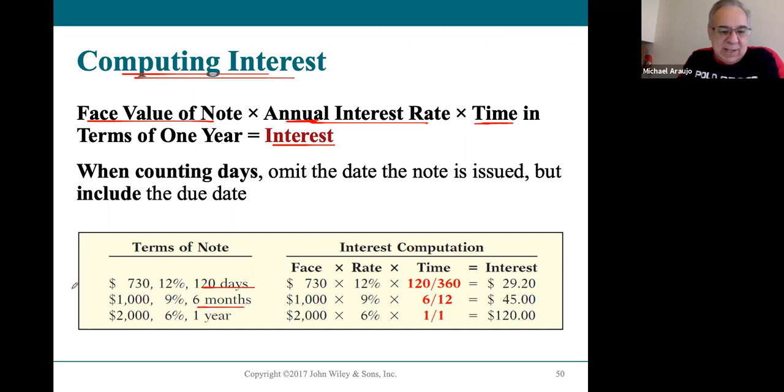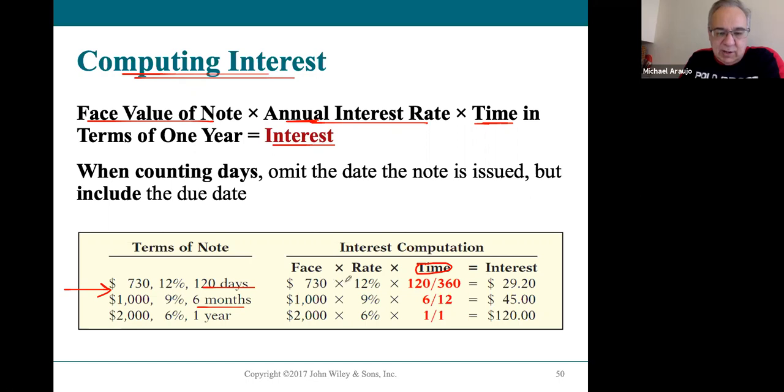If it's expressed in days, like this first note, $730 note at 12% annual for 120 days, that time period here is going to be 120 days divided by 360 because it's a 30-day month. That's the assumption. 360 is 12 months.